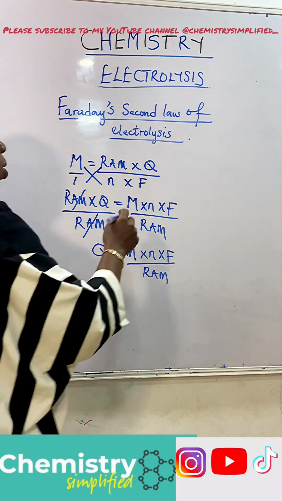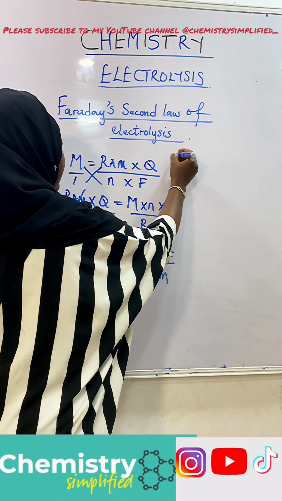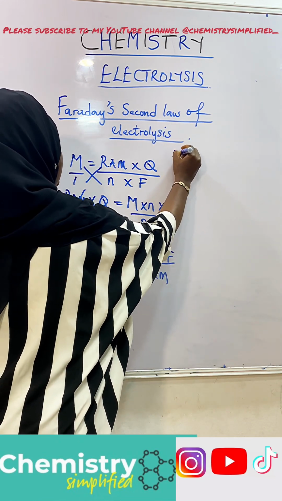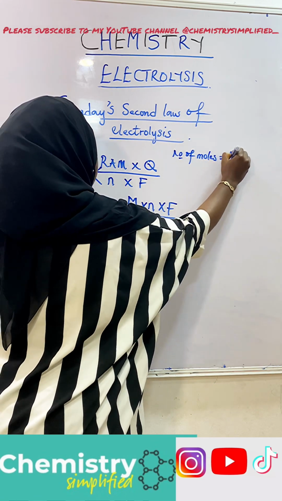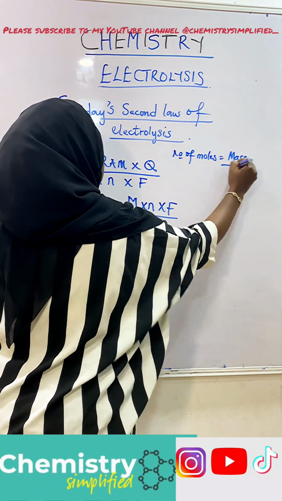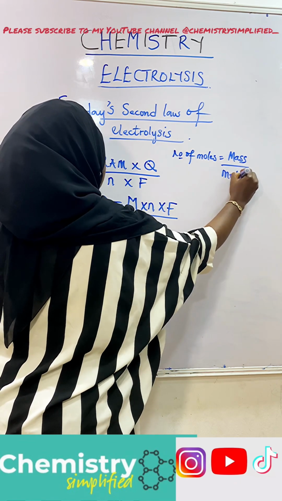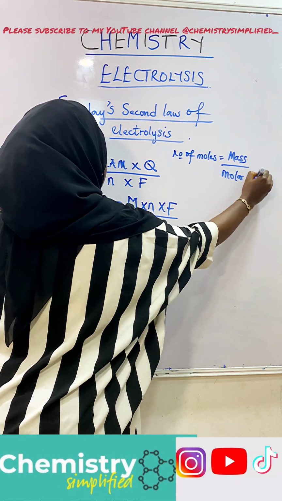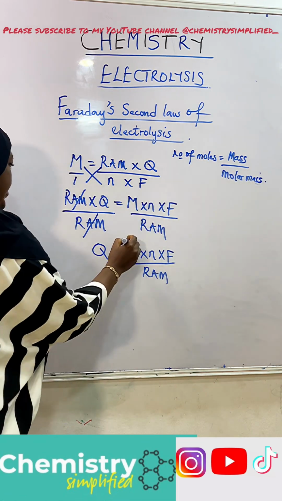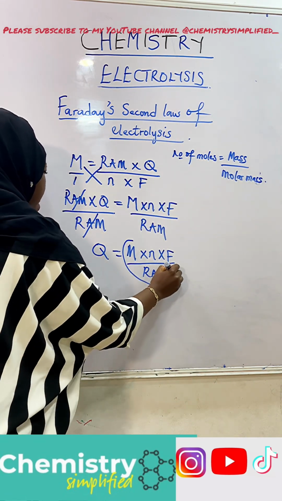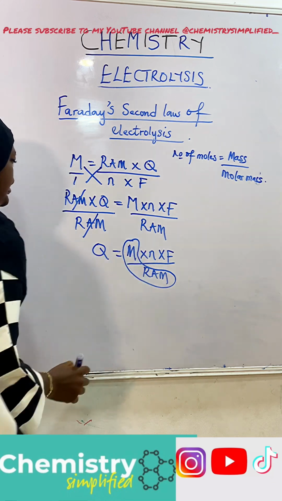Now let's quickly go back to the mole concept. You remember your number of moles equals mass over molar mass. Now from here, look at it. This is my mass and this is my relative atomic mass, which is the same thing as my molar mass.